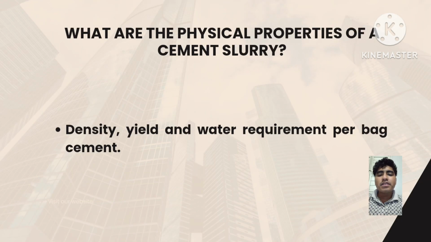The next topic: what are the physical properties of cement slurry? Density, yield, and water requirement per bag of cement. The density is a magnitude referring to the amount of mass contained in a given volume and can be used in absolute or relative terms.